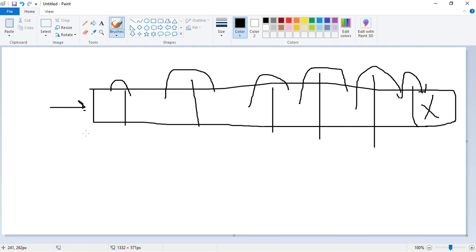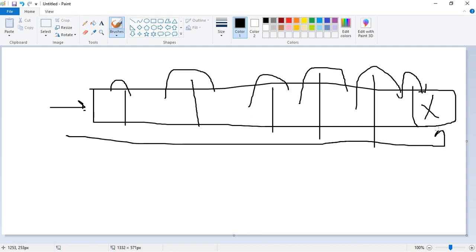Another is direct access. If we know the location, we can jump directly to that specific location. This is the technology we use right now: hard disks, SSDs, and even RAM. At any time we can jump to a specific cell or sector.